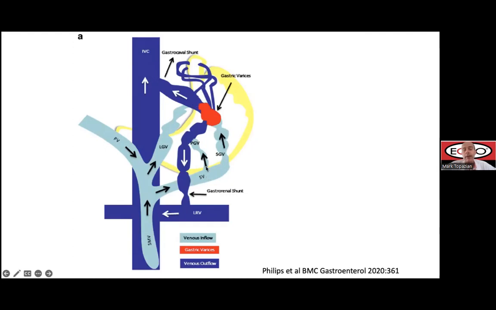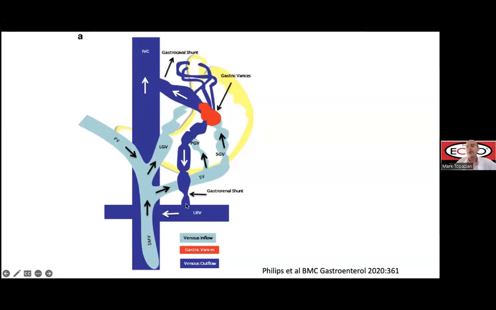From the splenic vein, there's a posterior gastric vein, there are short gastric veins, and these different veins may feed into a gastric varix. And then what drains the gastric varix may be, most commonly, this, which is a gastrorenal shunt. It turns out this is present in up to 80% of patients with fundal varices. So this is very common, this gastrorenal shunt. There can also be a shunt straight over here to the IVC, or there may just be shunts up into the paraesophageal and esophageal varices.